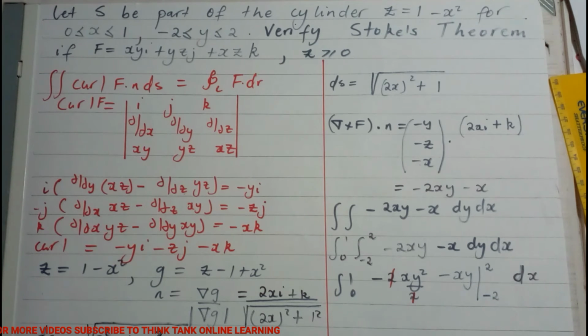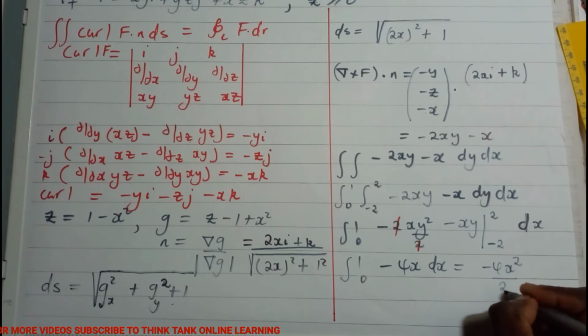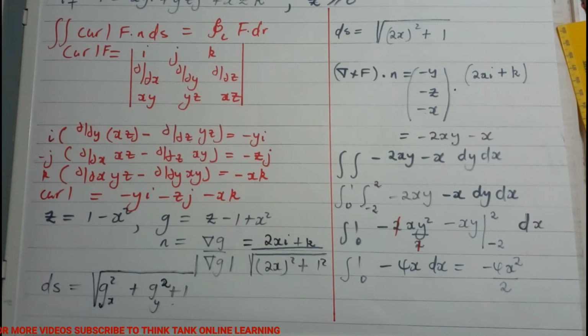Okay, so if we do that, we're going to get the integral from 0 to 1 of negative 4x dx, and if we integrate with respect to x, we're going to get negative 4x to the power 2 divided by the new power. Okay, and our limits are 0 to 1. Okay, so if we do this, we're going to get negative 2.